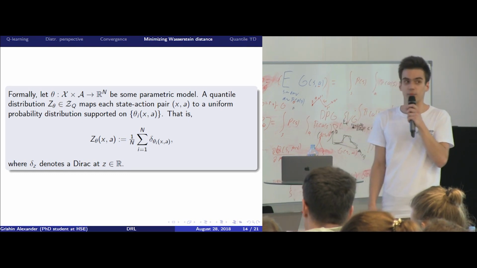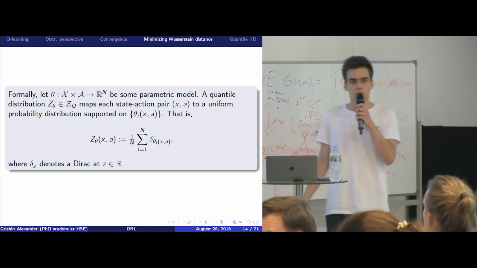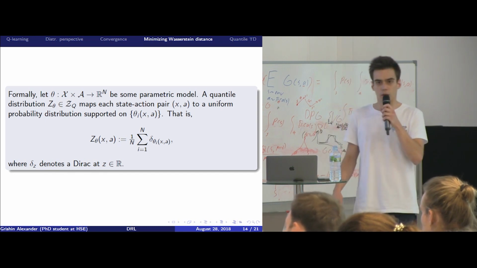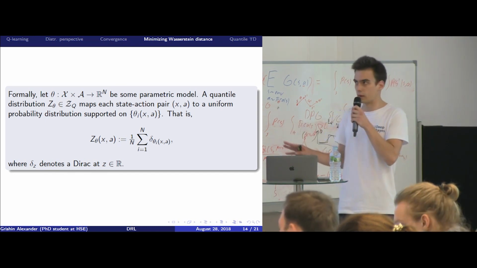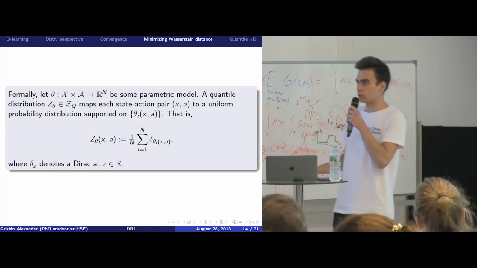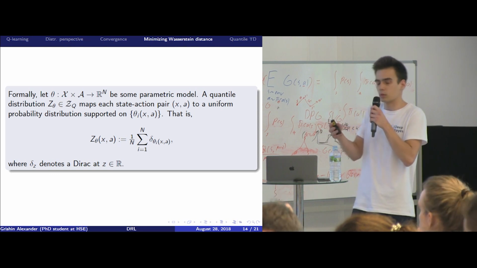It's pretty easy. Okay, while people are coming, just a brief recap. We have contraction properties in non-distributional RL, which give us good properties.